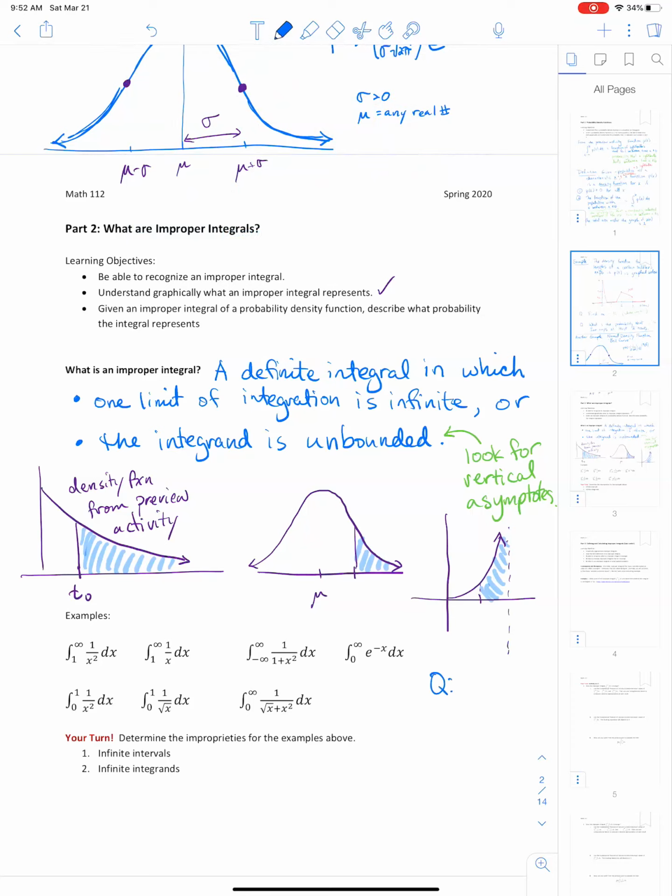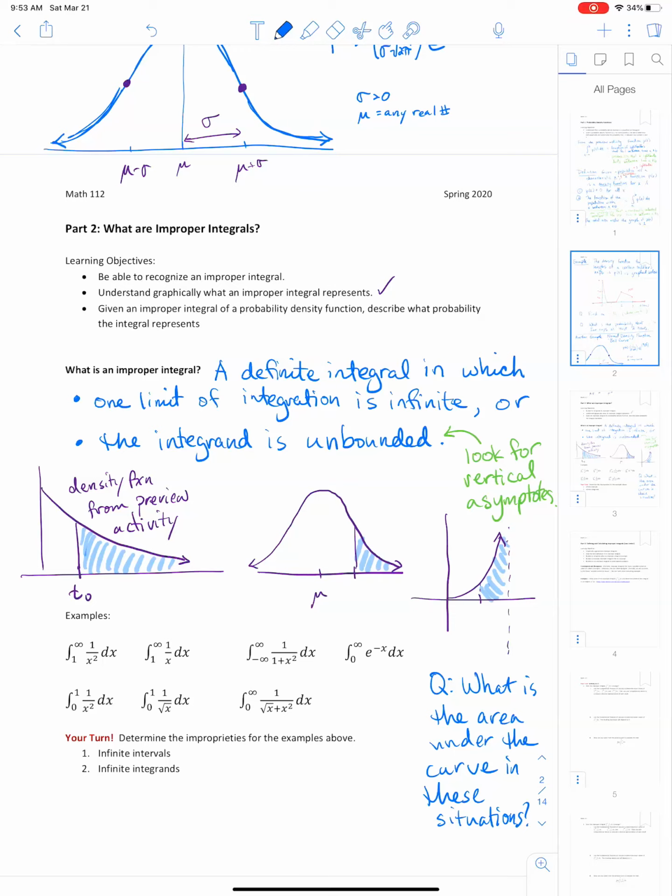So our question is, what is the area? And we'll be defining this in the next short video using limits. So that'll be the topic of what's coming up.